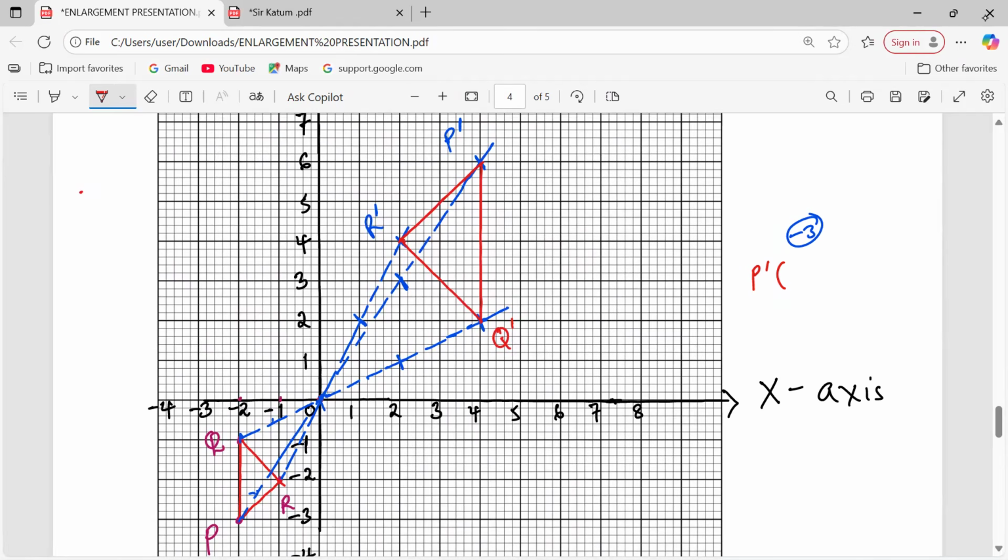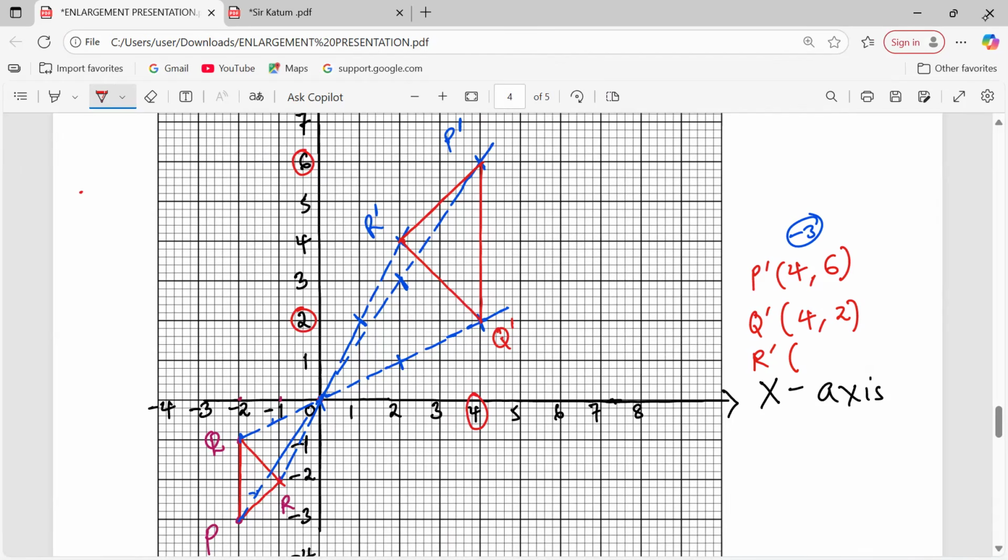And so with this, we can talk about now P prime as coordinate. From P, below that we have 4, and horizontally we are having 6. Then Q prime. Below Q, we are also having 4. And alongside the Q, we are having 2. So 4, 2. Then R prime, which is at this coordinate.